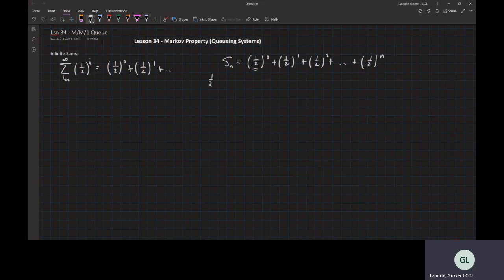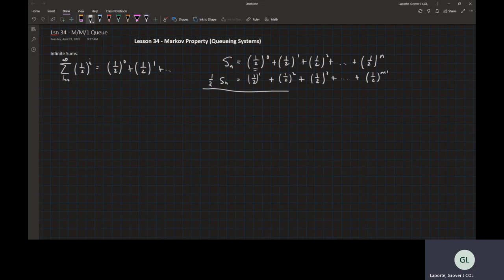Multiplying Sn by 1/2, we end up getting 1/2 to the first plus 1/2 to the second, all the way to 1/2 to the n plus 1. So we get an extra 1/2 on each one of those terms.